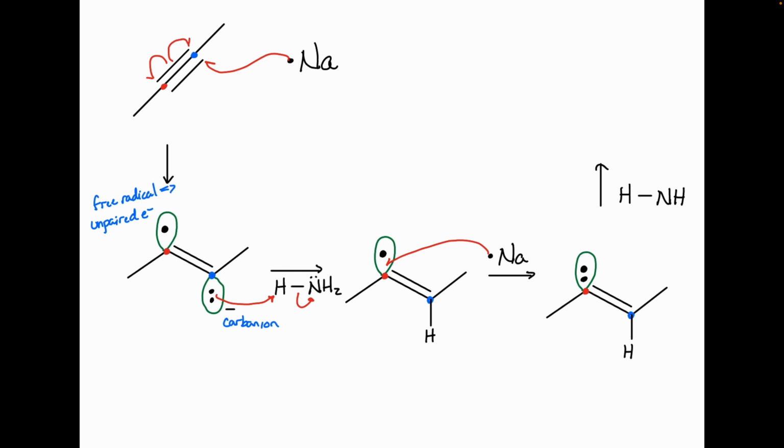And just as we saw previously with that anion, it's going to be protonated by our solvent, giving us our alkene product, specifically in that E stereochemistry.